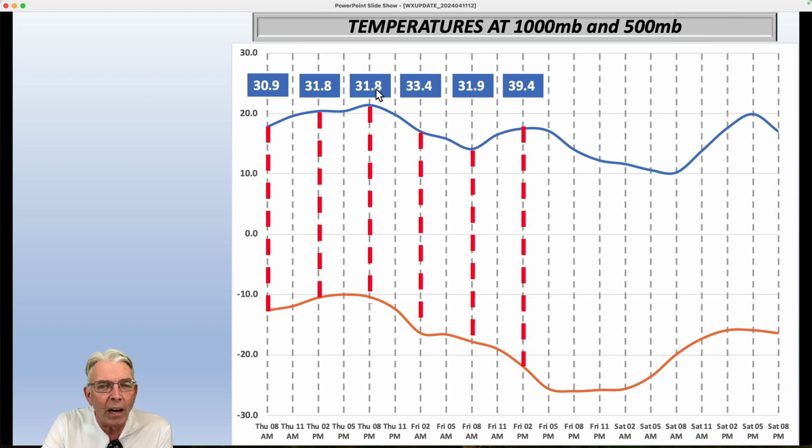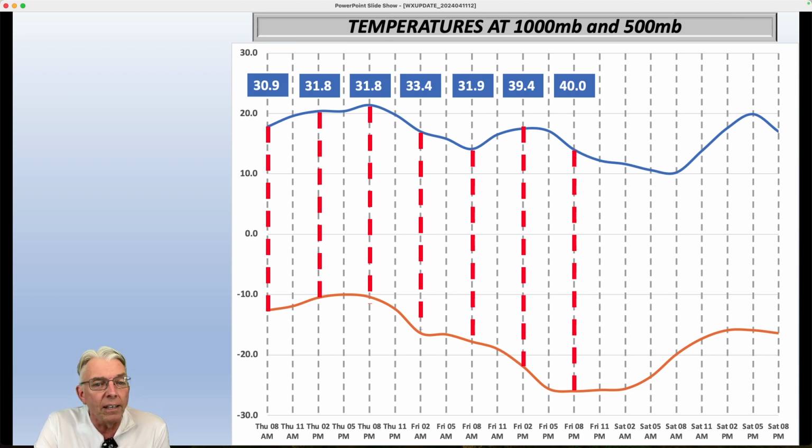That's about 8 degrees Celsius greater than what we're seeing today. And by the time we get to 8 o'clock tomorrow evening, it's an even 40 degrees Celsius. So a much steeper lapse rate, which is going to contribute to those cumulus clouds growing and producing the isolated showers and thunderstorms in the afternoon.